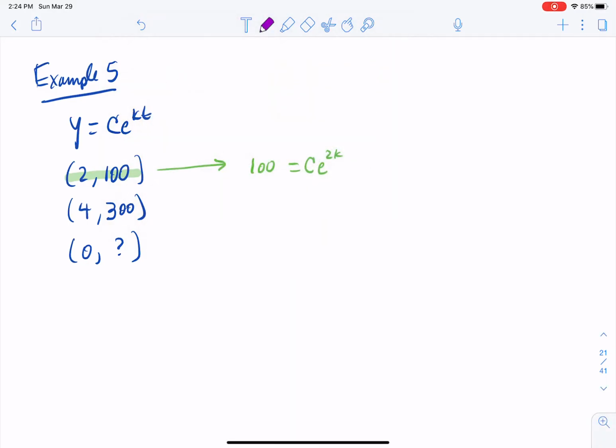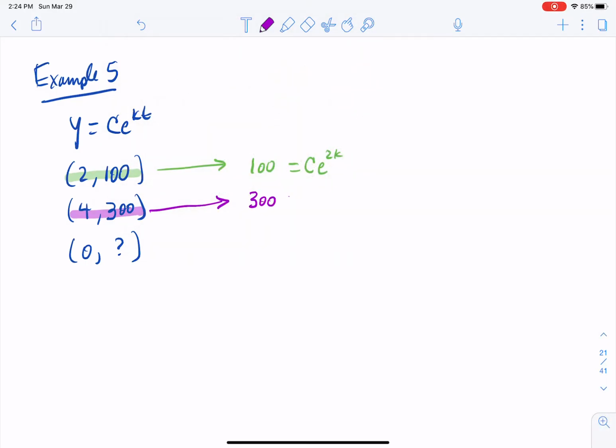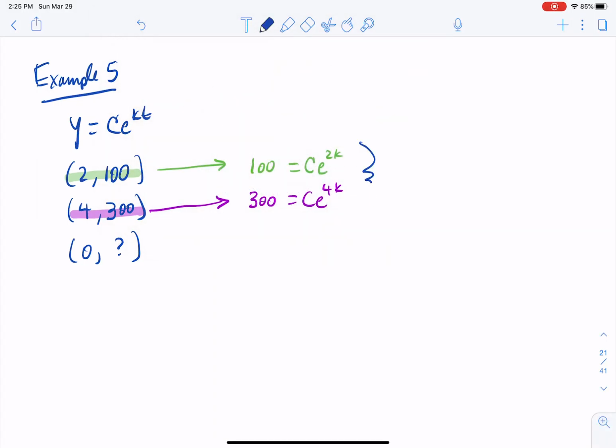And then for the second one, we're going to plug in 300 for y is equal to c e to the 4k this time.